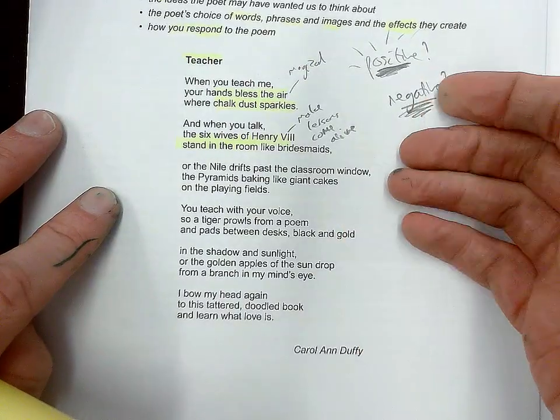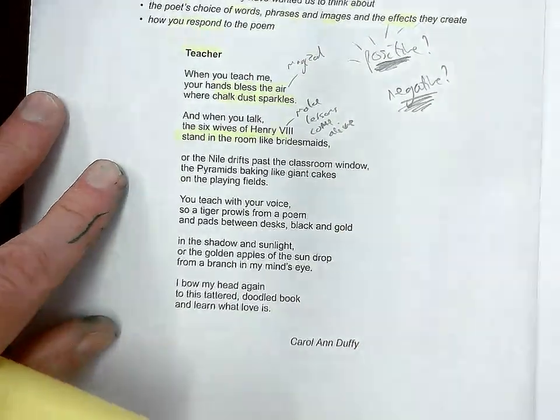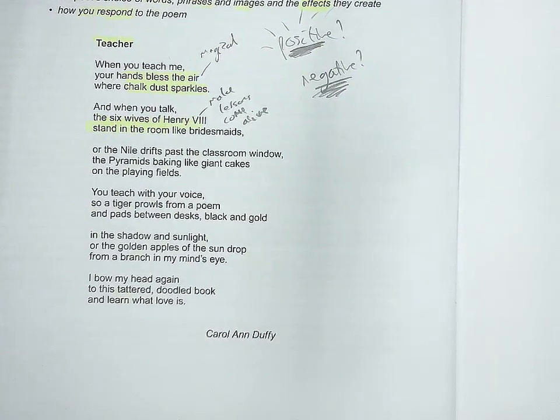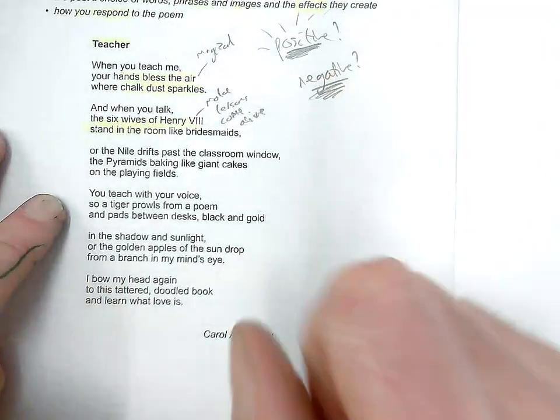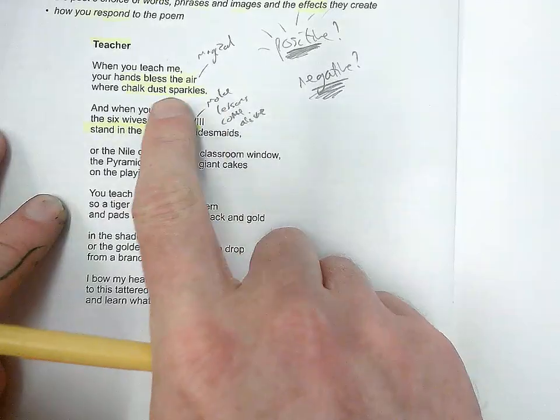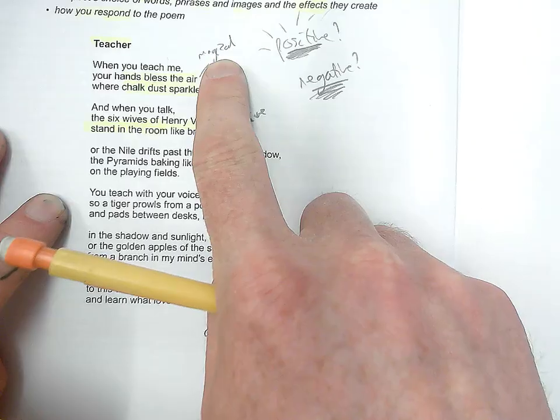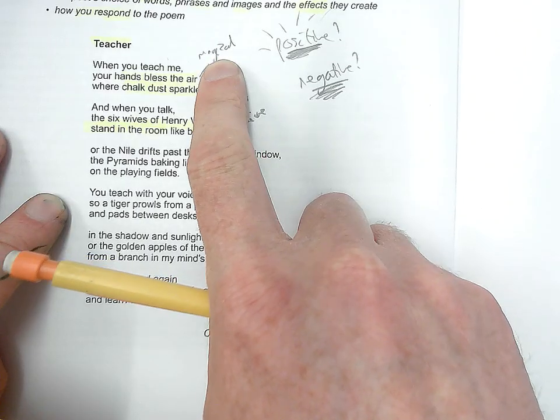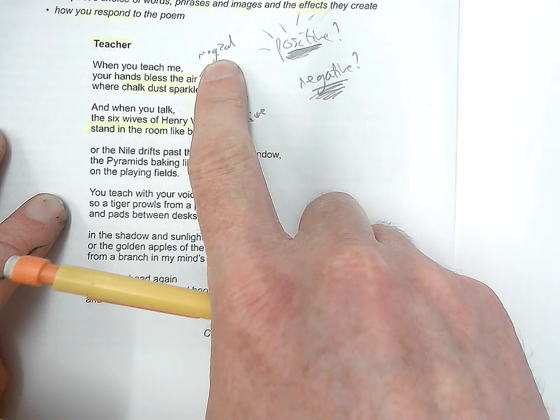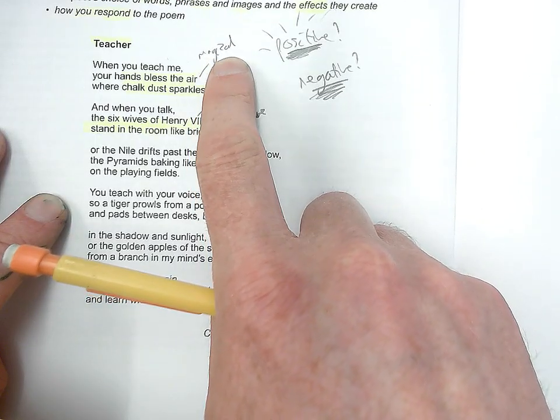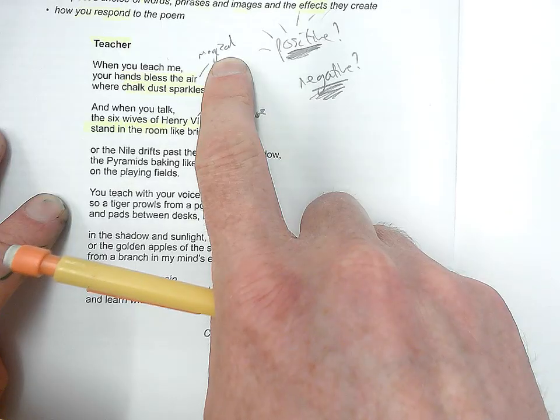When you've found 5, you need to write about them. And there's really no rules here. What's the poem saying about teachers? What's the effect of the poem on you? So when she refers to how chalk dust sparkles, it suggests to me, or it makes me think, that this teacher is almost magical, and their teaching creates a magical atmosphere in the classroom.